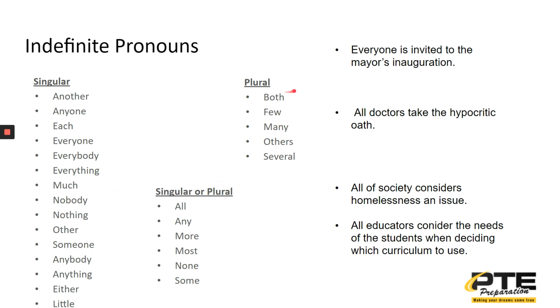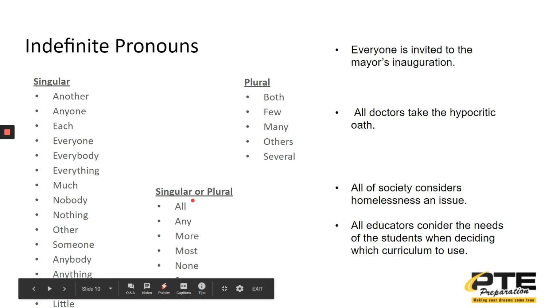An example of plural indefinite pronouns are both, few, many, others, and several. All doctors take the Hippocratic Oath. There are also some that are singular and plural, and this is determined by the words that come after: all, any, more, most, none, and there's one more down there.